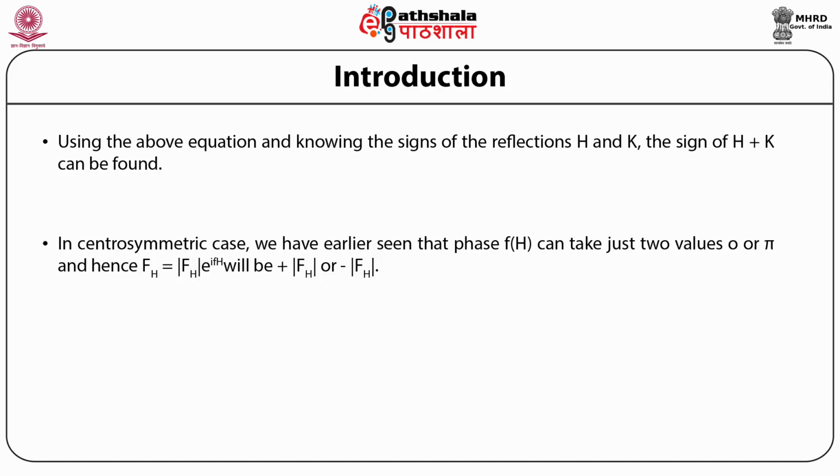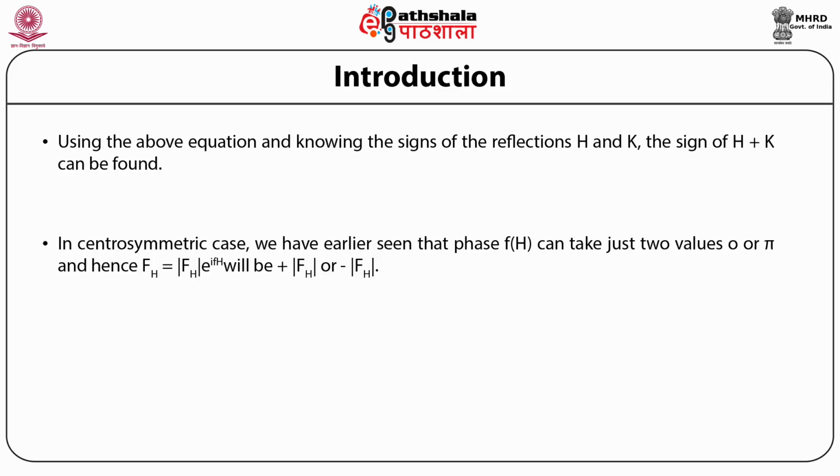So the structure factor F of h, which is generally defined as the amplitude of F of h times e power i phi of h, will have simply plus mod F h or minus mod F h. When phi of h is 0, e power i phi of h becomes e power 0, which is 1. So the sign is plus for the amplitude of h. When phi of h is pi, we have e power i pi, which is equal to cos pi plus i sin pi.